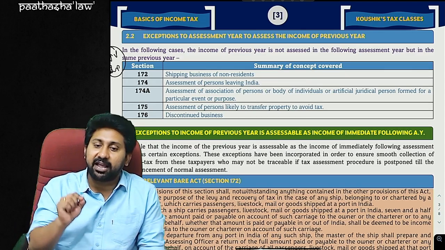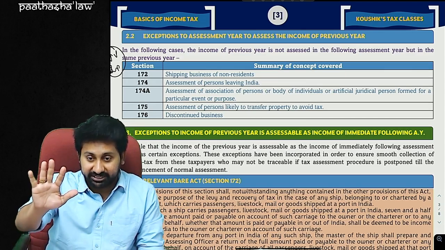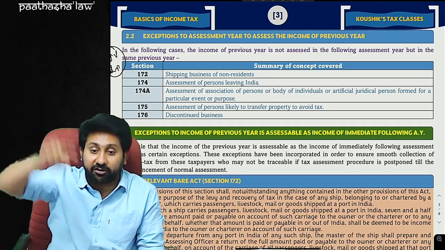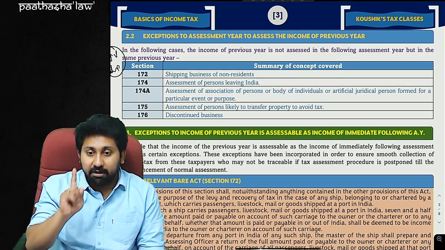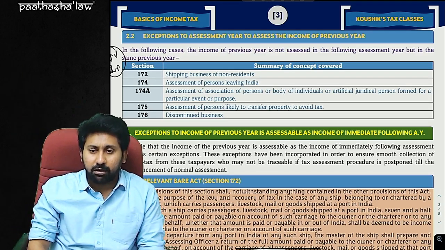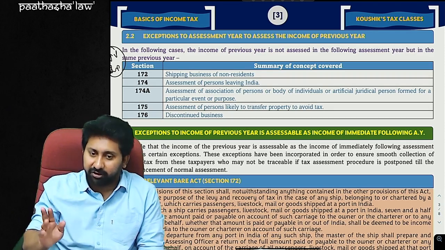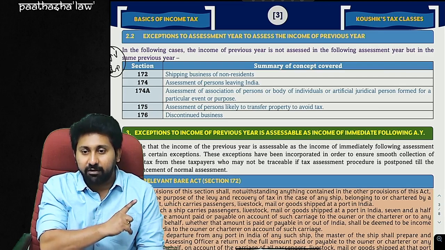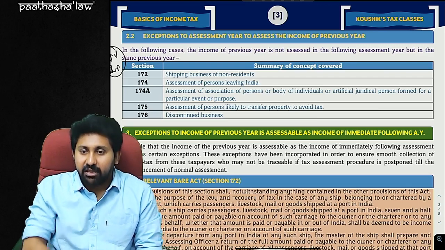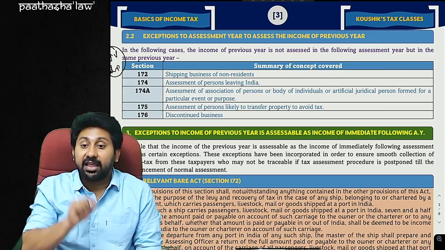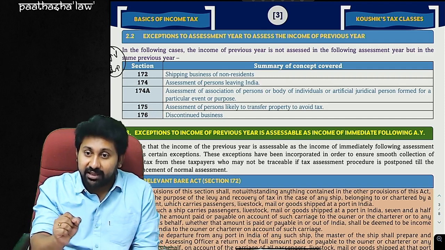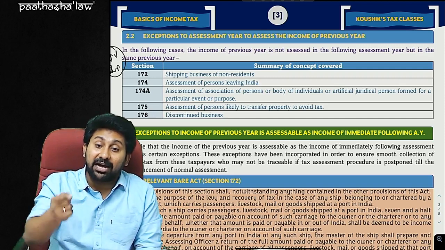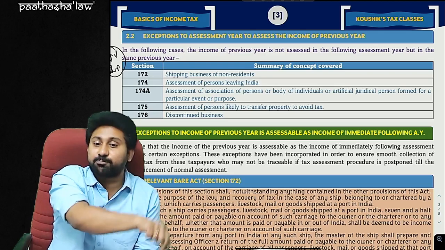That exception has been provided in 5 sections, read with another section, 44B. Number 1, 172. 173 is deleted. Then section 174, 174A, 175 and 176. In these sections, exceptions to assessing the income of the previous year in the assessment year are provided.